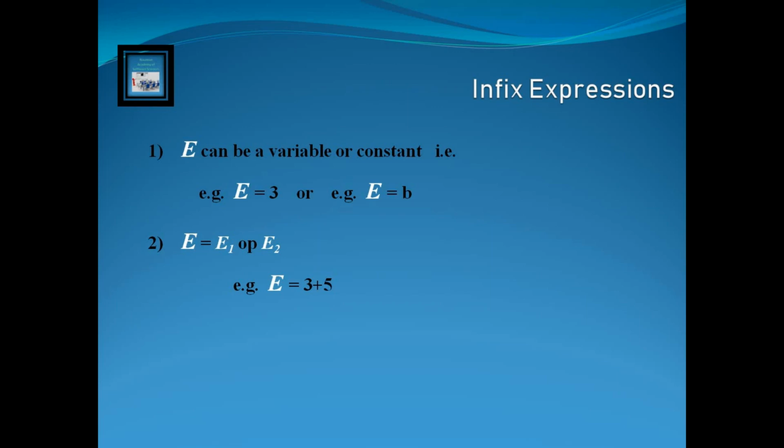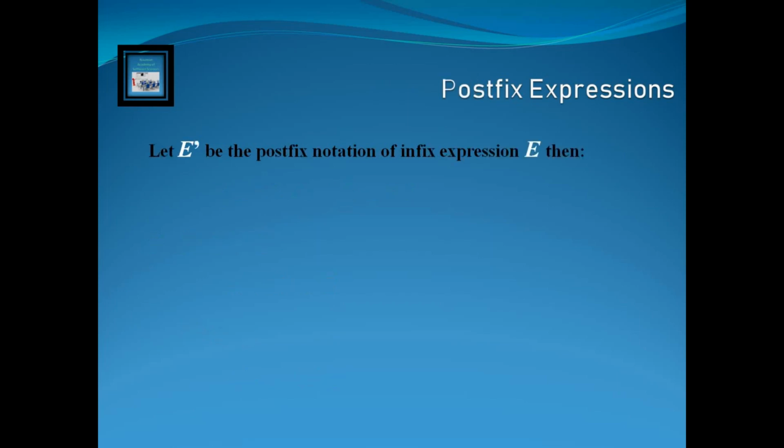For example, 3 plus 5 is an infix form of expression because 3 and 5 are operands, and they are surrounding plus, which is the operator. And an infix form of expression can be within parentheses. For example, 3 plus 5 within parentheses can also be written as an infix form of expression.